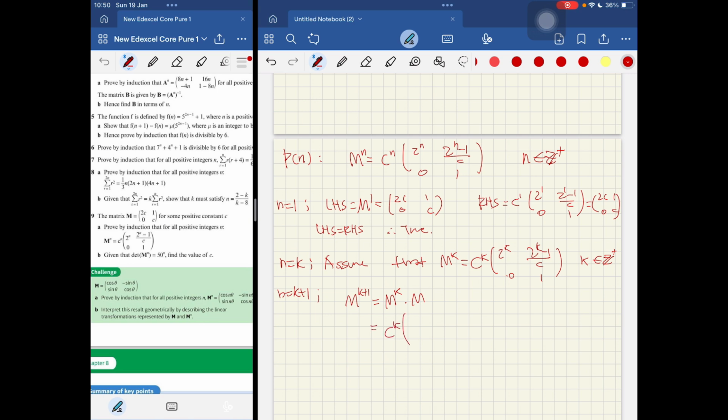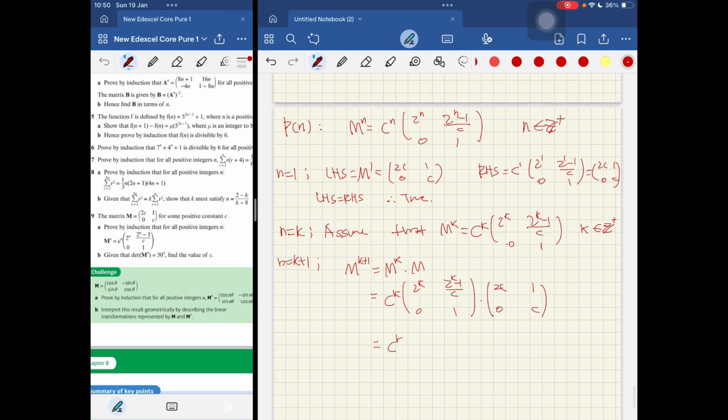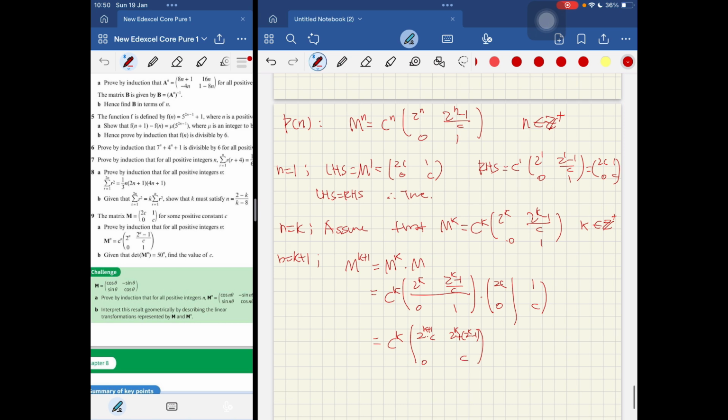So c to the power of k, 2^k, 2^k minus 1 over c, 0, 1 times m, which is 2c, 1, 0, and c. So c to the power of k is just a scalar, so we can multiply like this. So 2 to the power of k plus 1 times c, and 2k plus 2k minus 1, and 0 and 0, and 0 and c, like this.